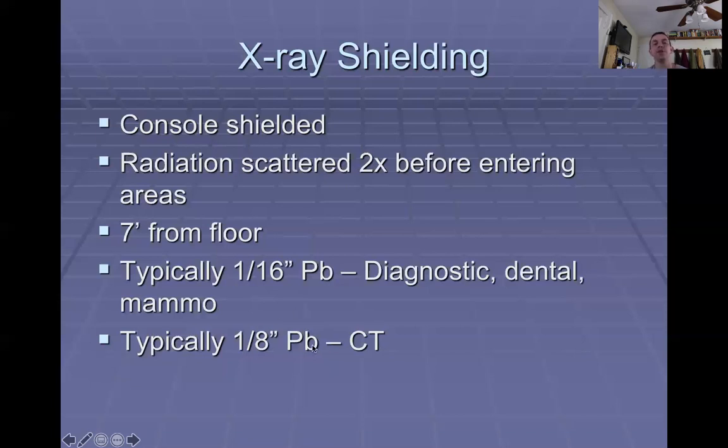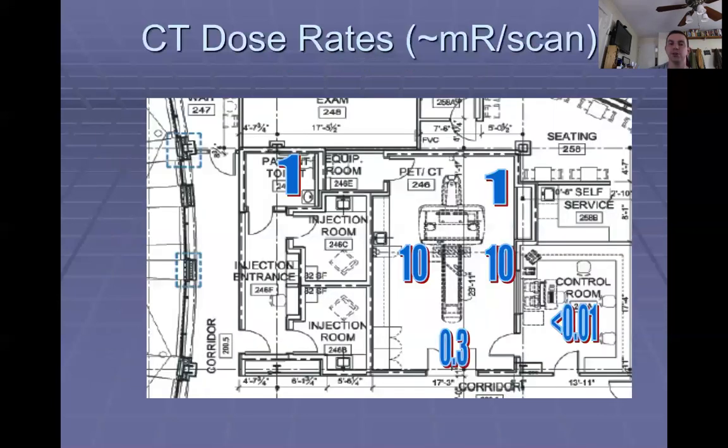So that's where you get up to like the 1/8 inch of lead. And then we haven't talked about PET CT. When you factor in 12 millicuries of F18 per patient, those photons are going to be much higher energy than even the CT. And that's typically where you see 1/4 to 1/2 inch of lead for these rooms, just because of that higher energy. You really need more lead to shield with it.